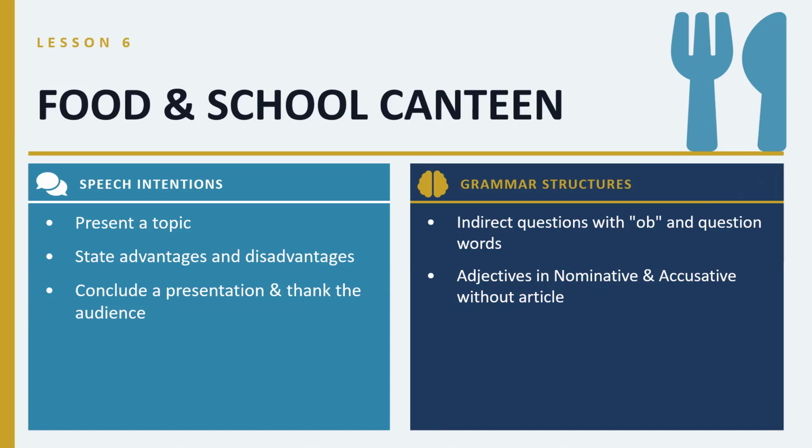I will talk about all these topics in detail in different videos, so wait for those to come. The CBSE syllabus says it deals with nominative and accusative without article, but in detail, adjective endings are taught to you not only in nominative and accusative but also dative.